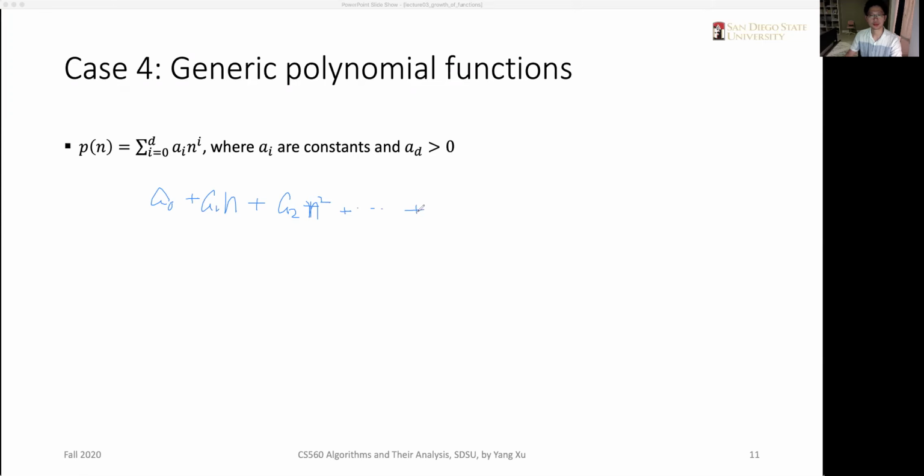Until the highest order term, which is ad times n to the power of d, right?